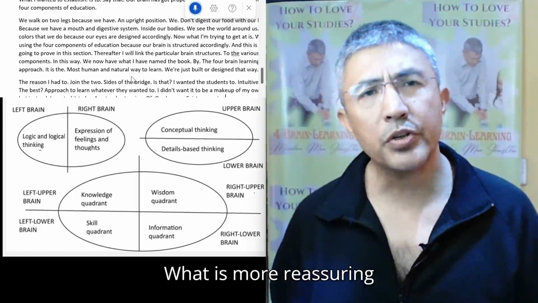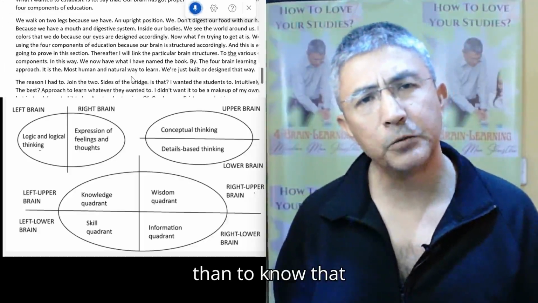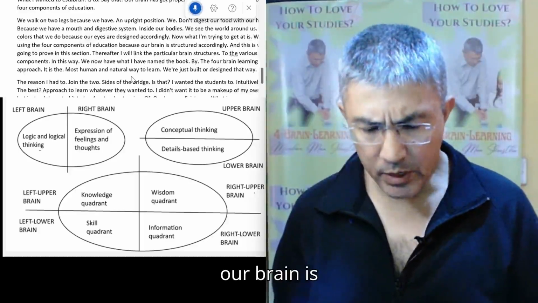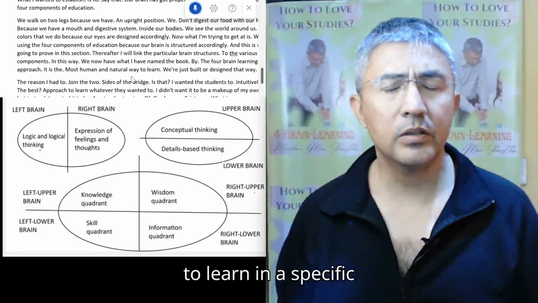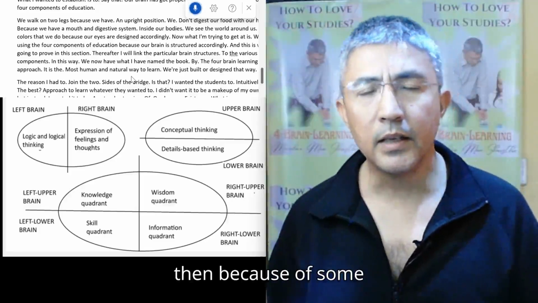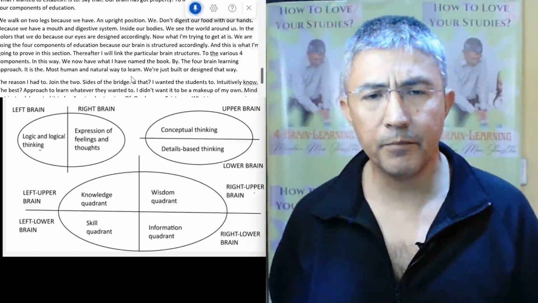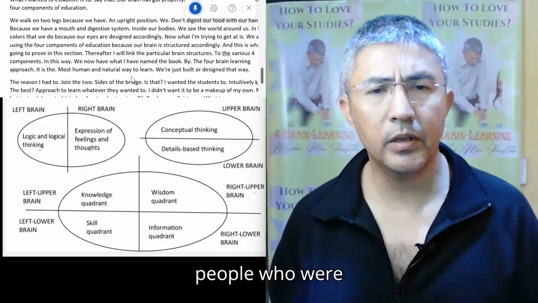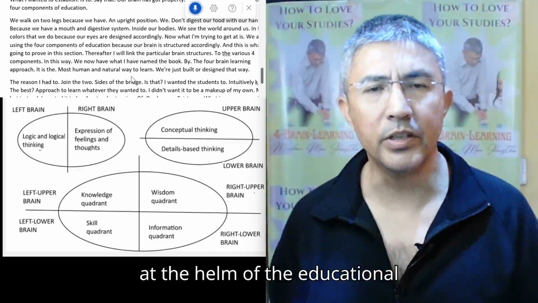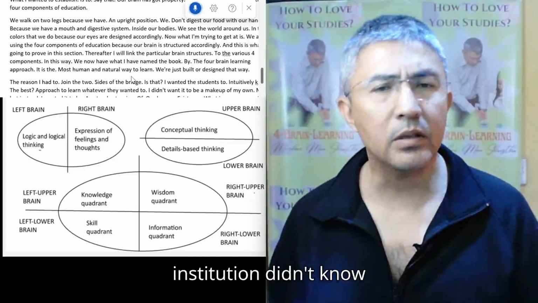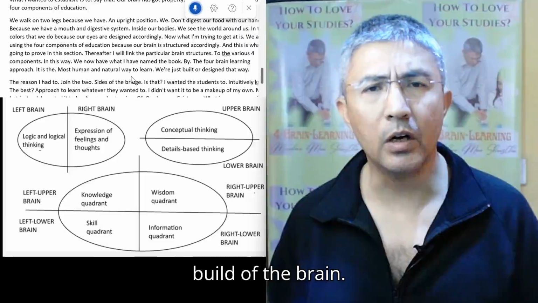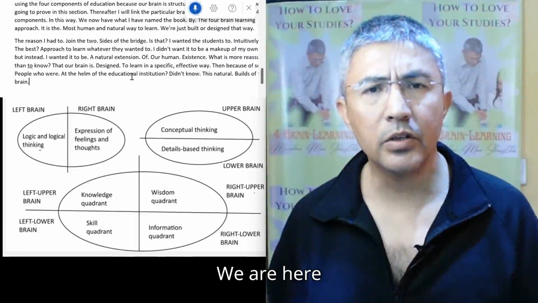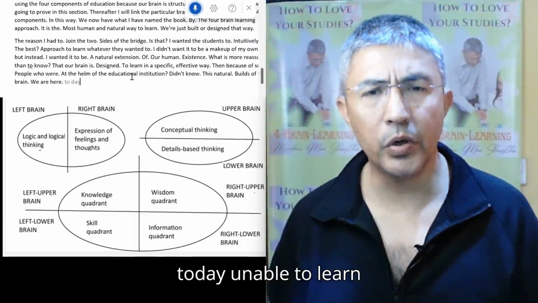What is more reassuring than to know that our brain is designed to learn in a specific, effective way? Then, because some people who were at the helm of the educational institution didn't know this natural build of the brain, we are here today unable to learn properly.